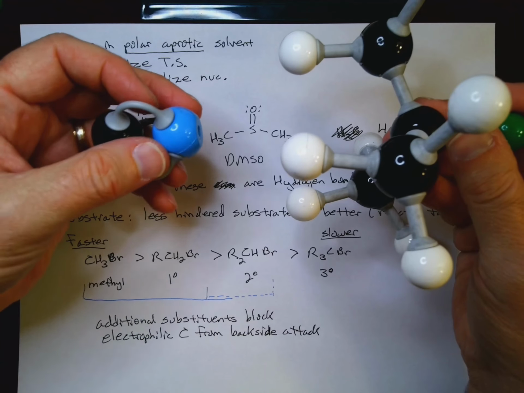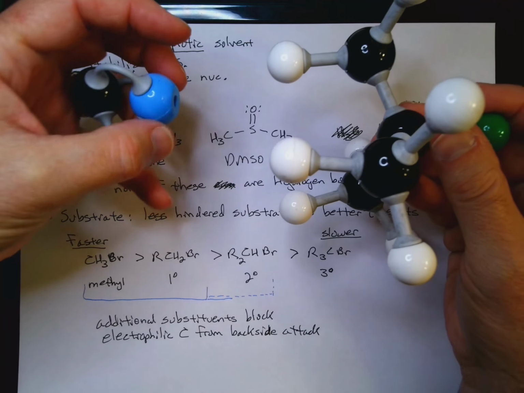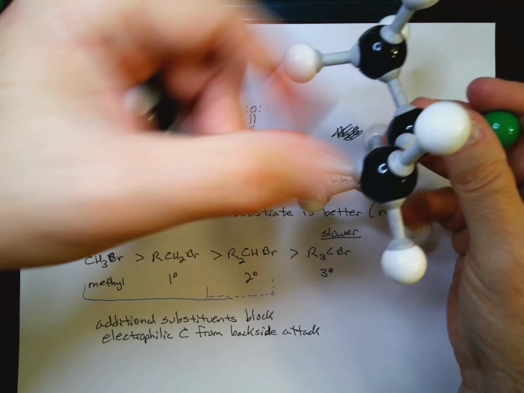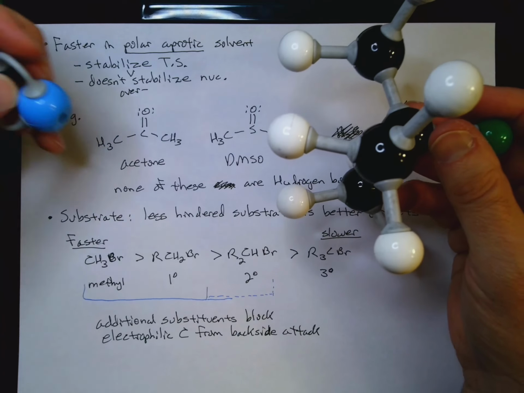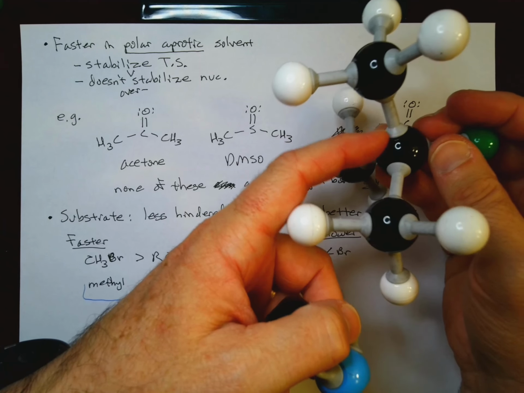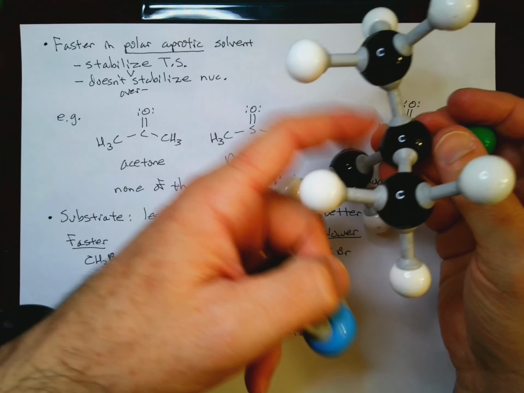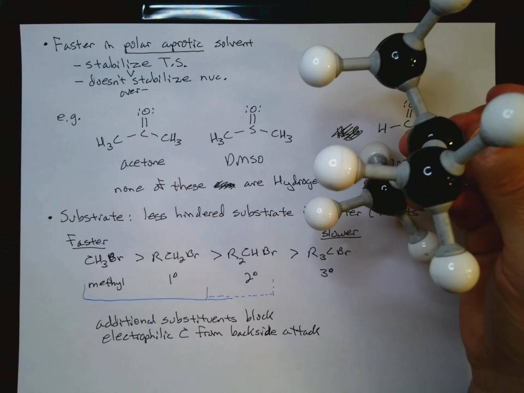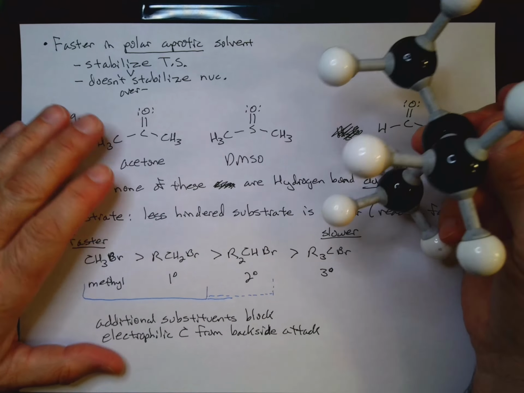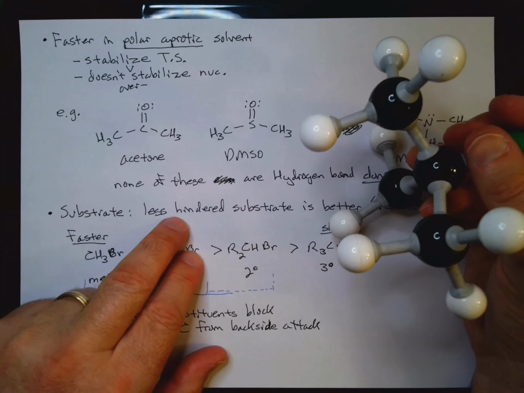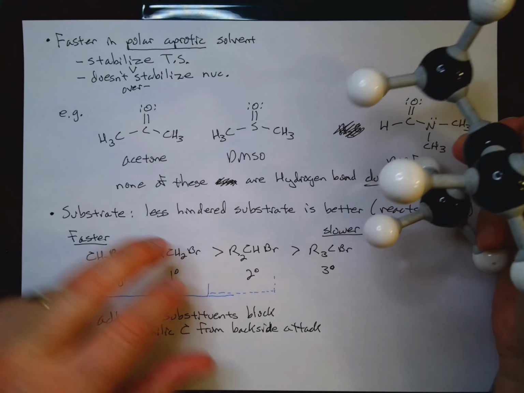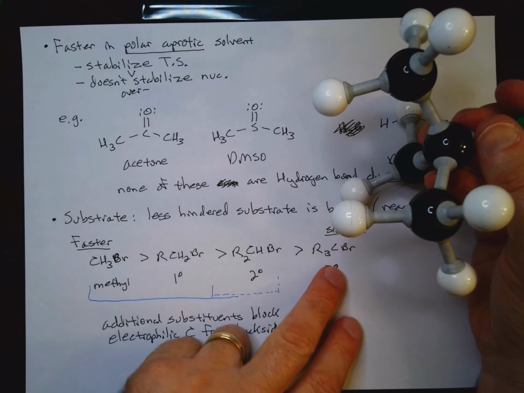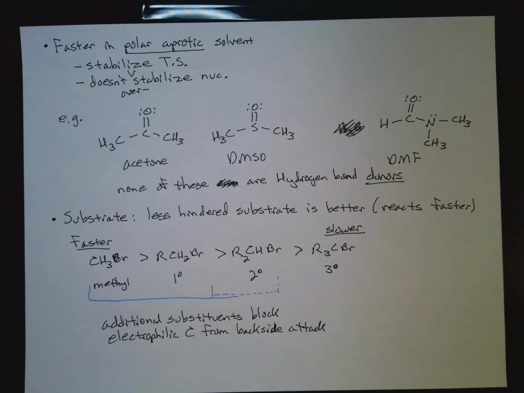Remember, these aren't exactly to scale, but these methyl groups get in the way. The more stuff I have, the more hindered my electrophilic carbon will be, and the harder it'll be to get a nucleophile in, especially a larger nucleophile. So less hindered substrates are better. Methyl, primary, sometimes secondary, but tertiary usually won't do SN2.